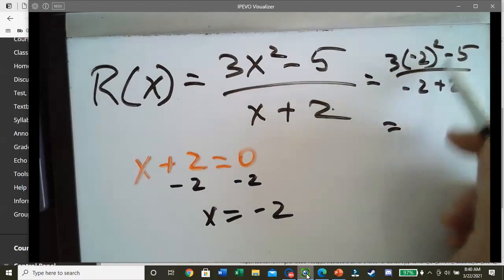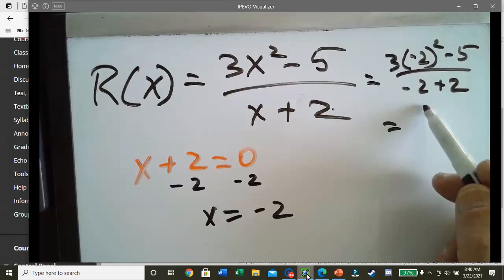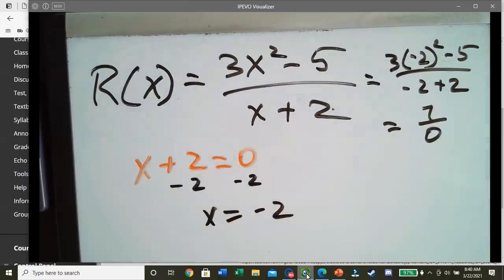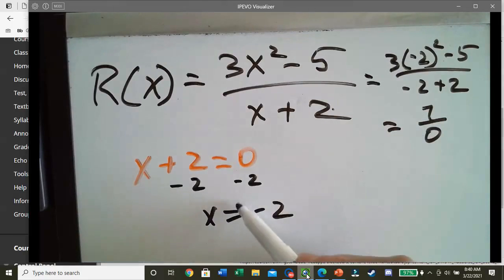We get 12 minus 5, which is 7 over 0, right? That's undefined. So that means x cannot be -2. So our domain, if they ask for it in set notation, is x cannot be -2.